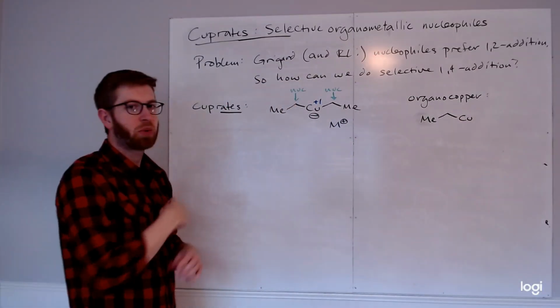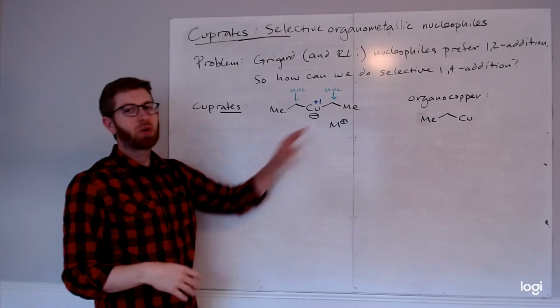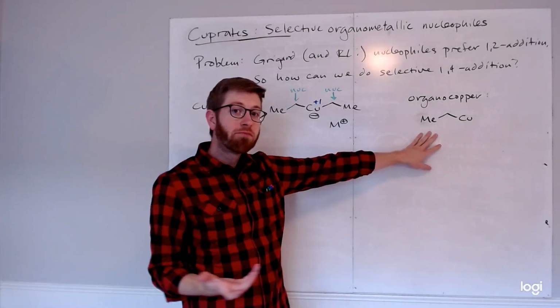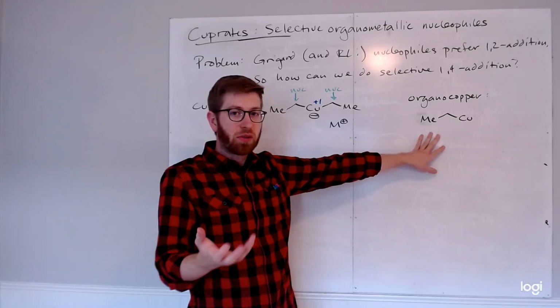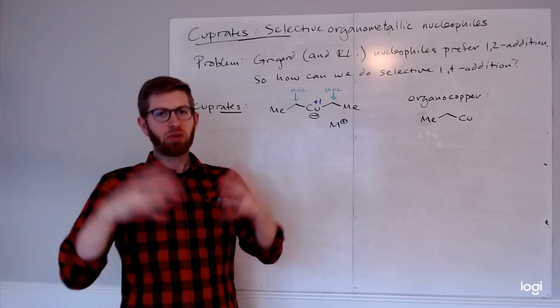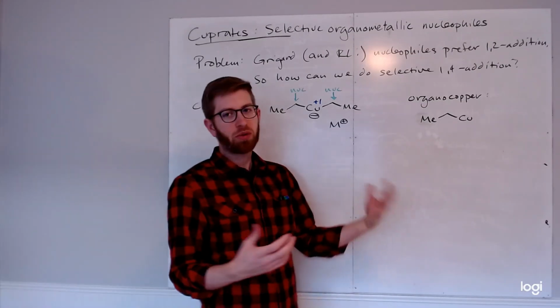So just one ethyl group, one copper atom, no negative charge, no cation. So this would be called like ethyl copper 1, right, to give us the oxidation state information. So remember you learned in Gen Chem like iron 3 chloride or something like that. This would be like ethyl copper 1.